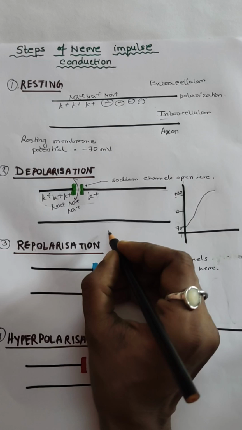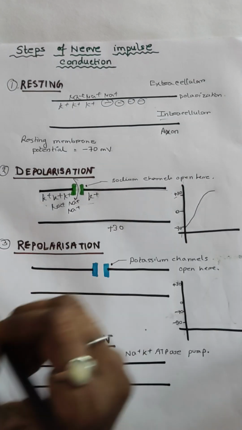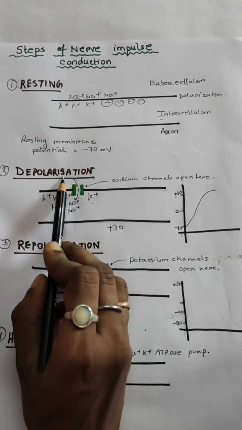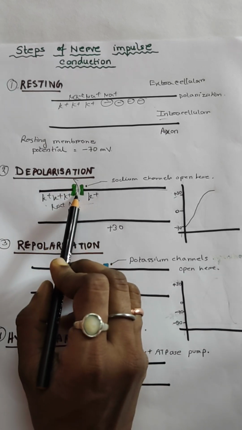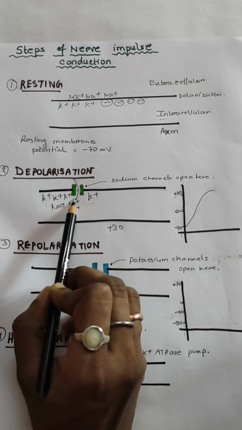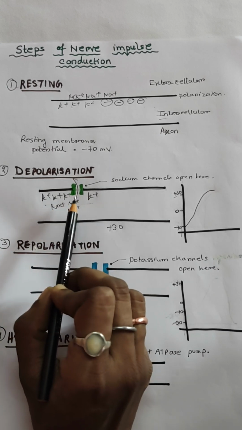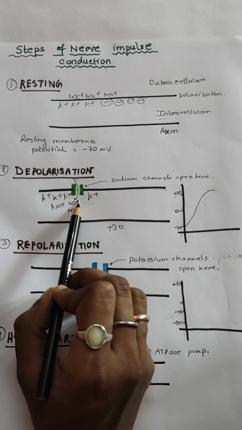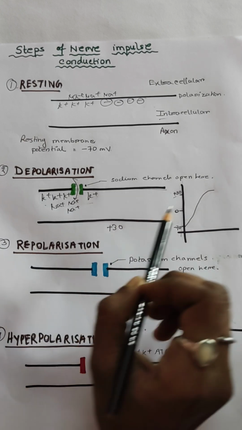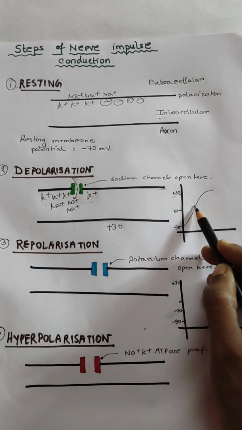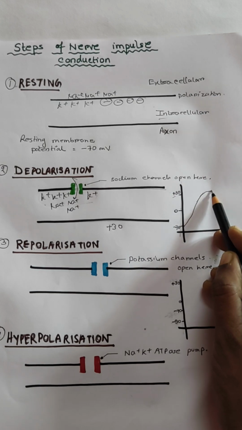The potential difference becomes plus 30 at the stage of depolarization. At this stage, sodium ions enter the intracellular space, positivity increases, and the value goes up to plus 30. Here, look at the graph. The value comes up to plus 30.